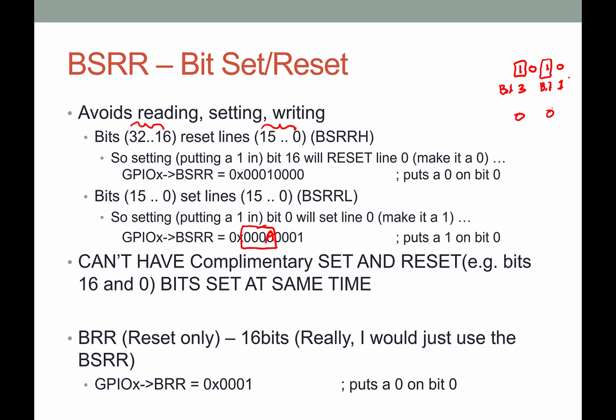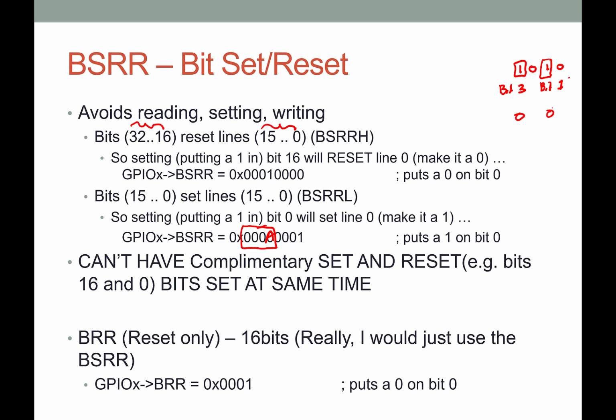So putting a 1 in the lower 2 bytes of BSRR will set the pin that you want to output as a 1. If you put a 1 in BSRRH, the upper 2 bytes, that will reset that line or put a 0 out on the output of that line.